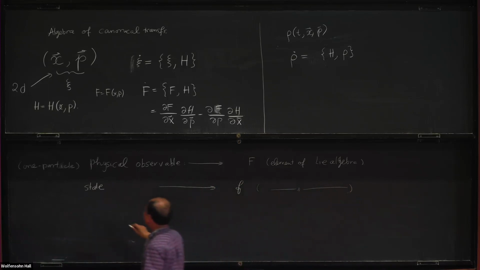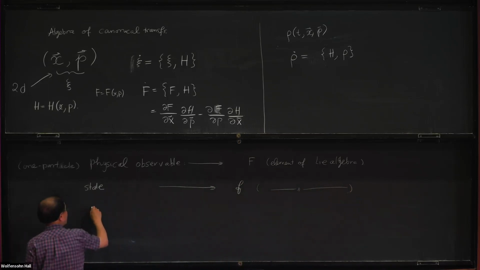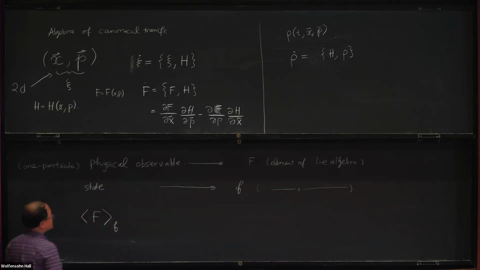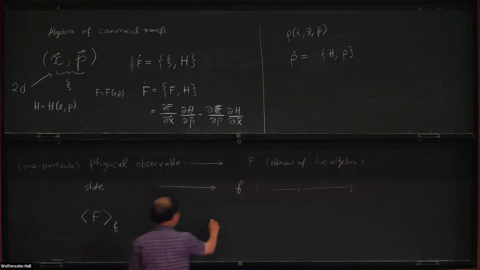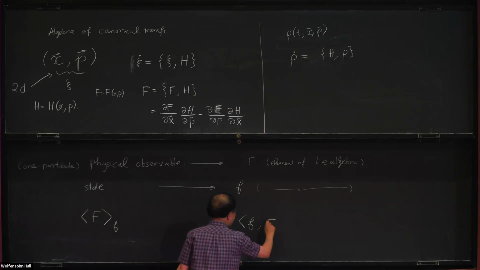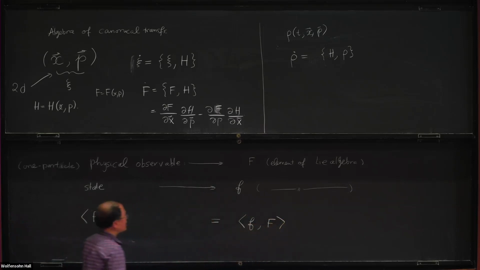And the expectation value of the big F in the state characterized by the distribution function f is going to be equated to the scalar product of small f and big F.